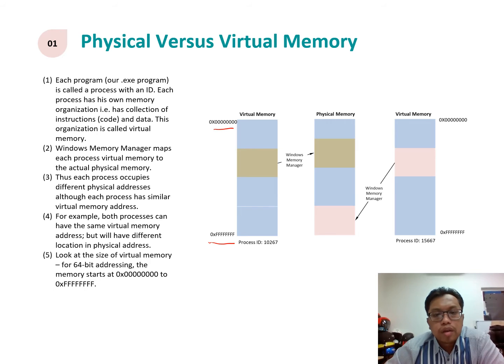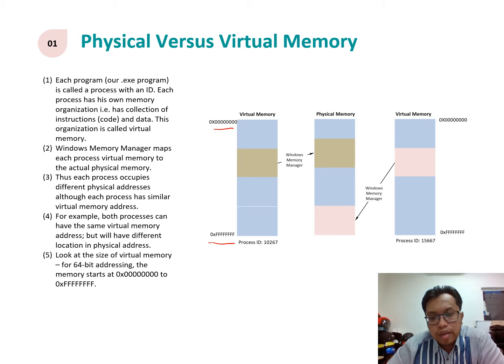So this is again how the information of your process is organized. Let's say this is one process that has the ID 10267. When the program starts to run, the Windows memory manager will map this information, these addresses, into the real address in the RAM.